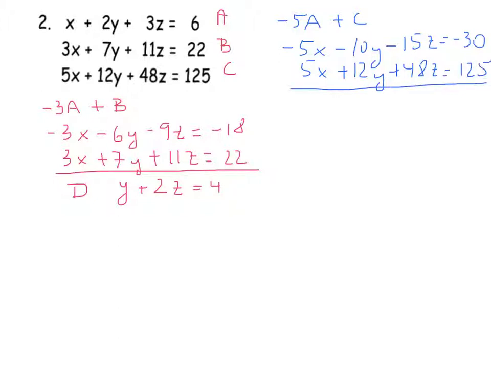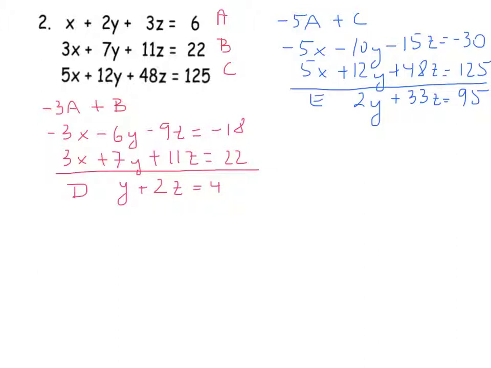So if I add these two equations, I end up having 2y plus 33z will equal 95. So this will be my equation E.